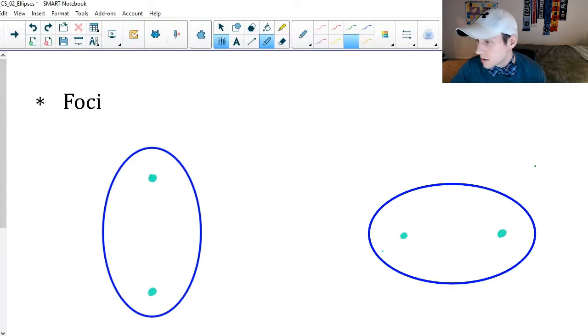Okay, I'm trying to pull up a picture here that we can use for a second. Are they specifically in that spot? No. So I'm going to explain how we can figure those out.